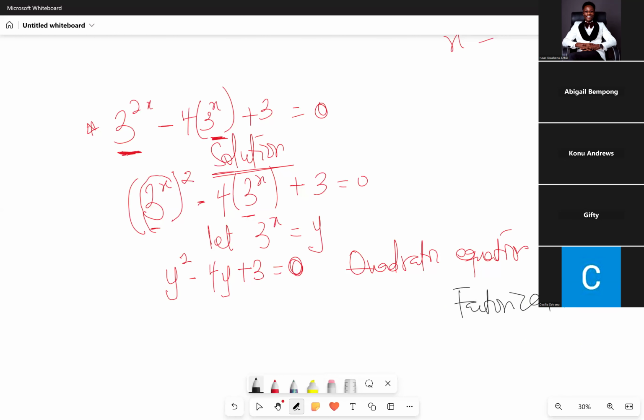Sometimes they use S in place of Z. Another method is by completing the squares.